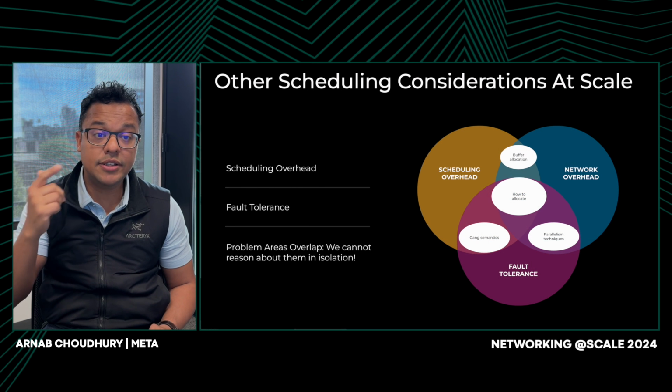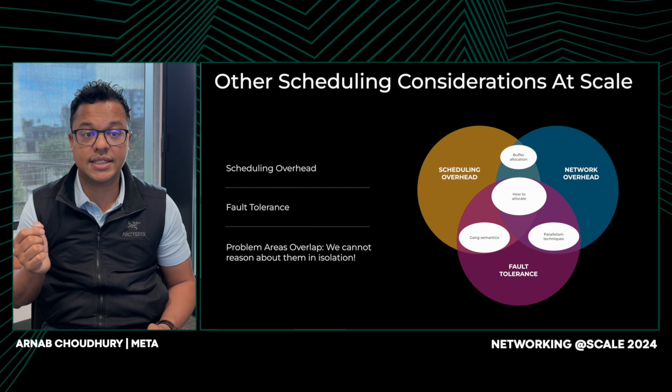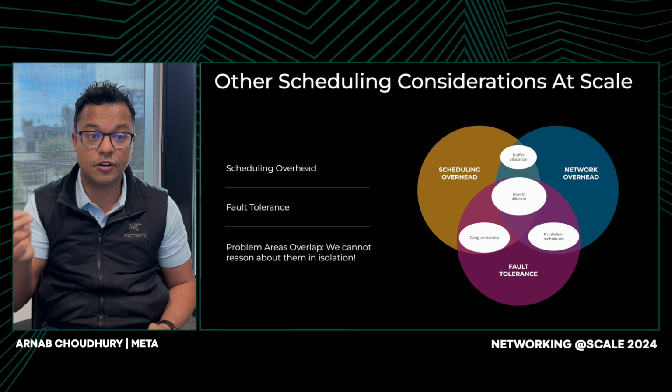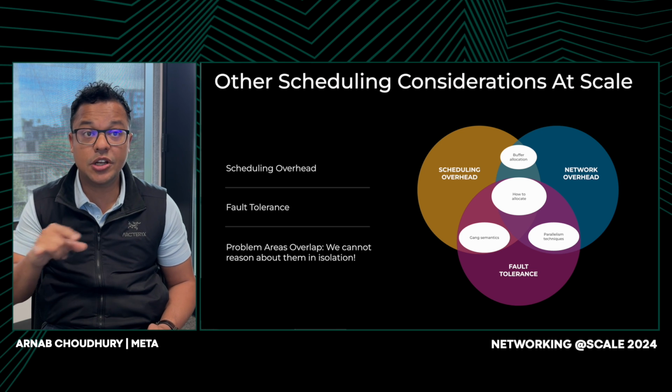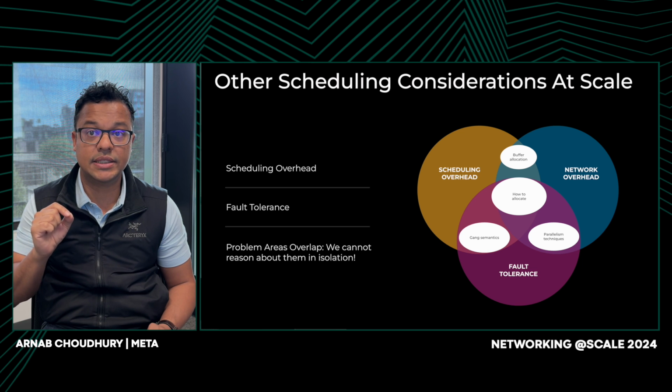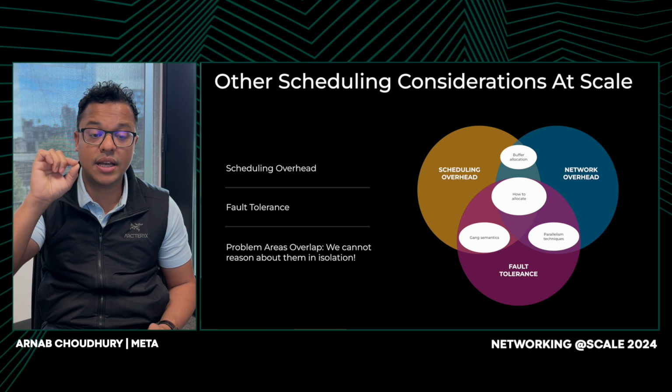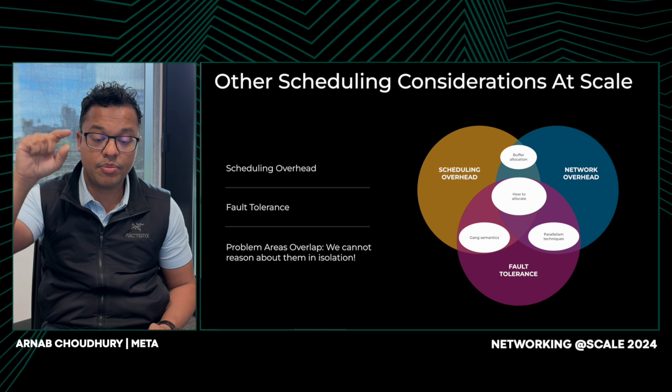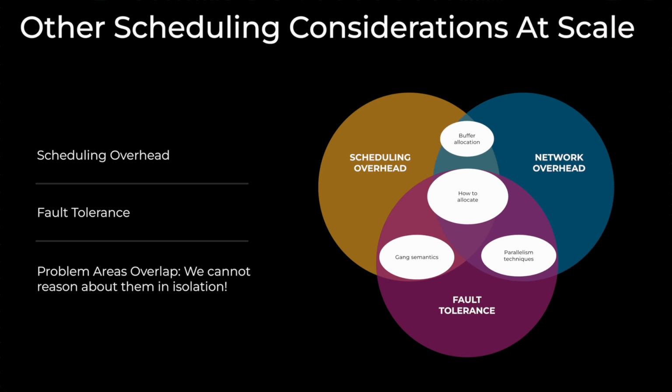There are also other scheduling considerations that we have at scale, such as scheduling overhead, network overhead, and fault tolerance. Scheduling overhead here means, for example, the amount of time taken from the time that the first trainer crashes to the time that the training application re-enters main. Because the probability of host failure goes up with the size of the job, this is super important, and we've been working on techniques to optimize that.